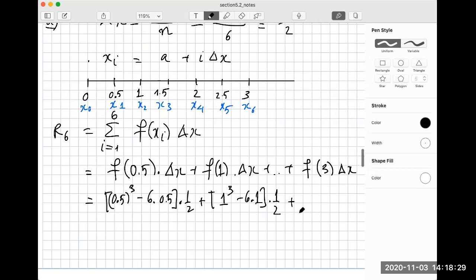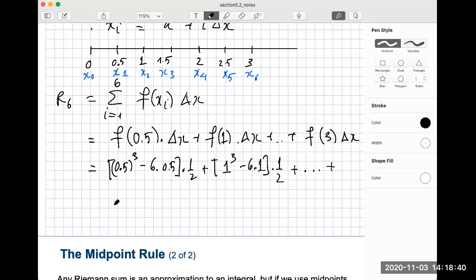Then continue for the other numbers. And the last one, can you also help me evaluate the value at 3?